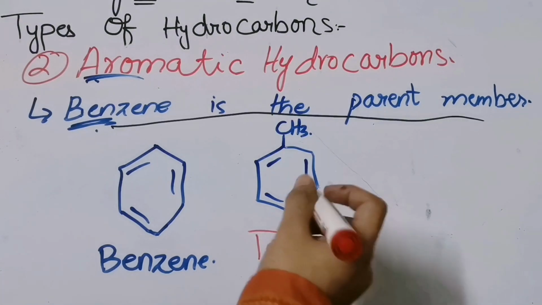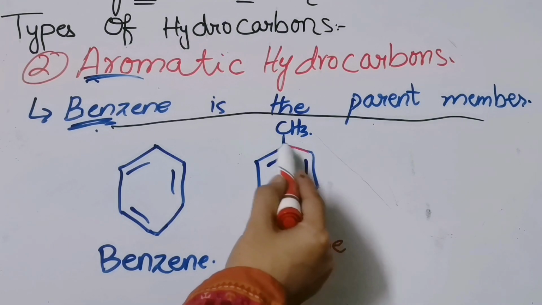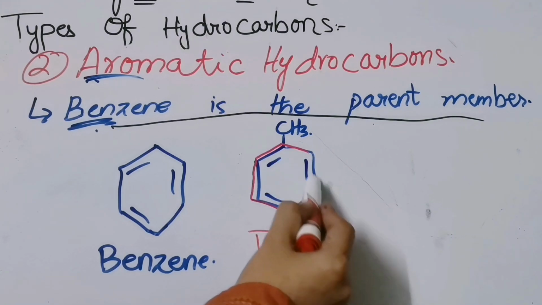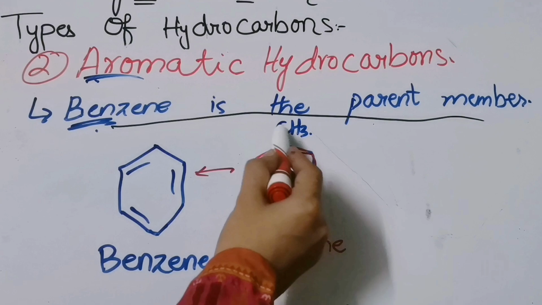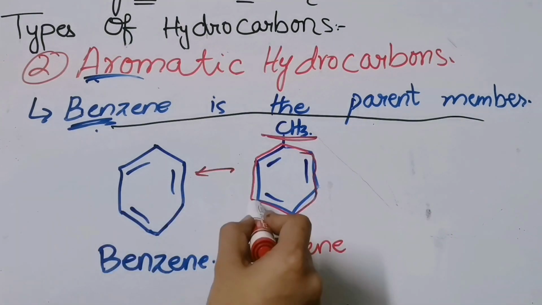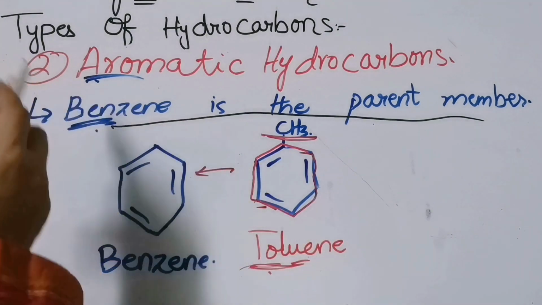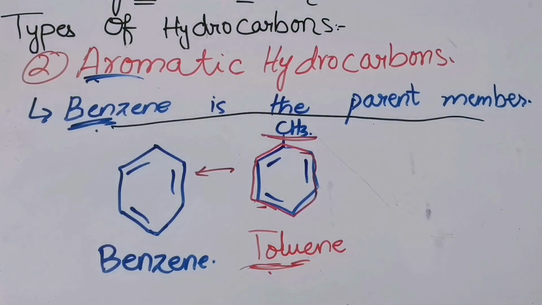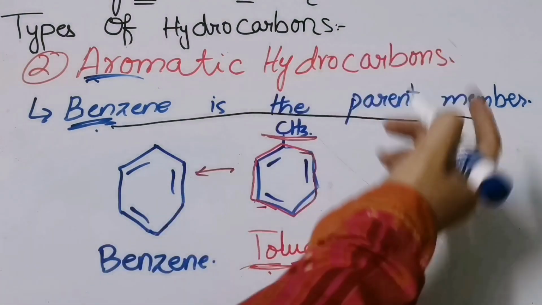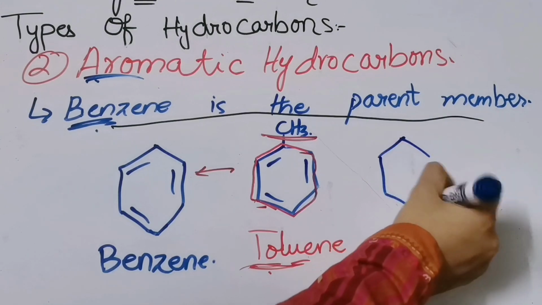Now let us take another example. Toluene. Okay. Now see over here we are having the benzene ring over here, right? And we are having CH3. It is having the benzene ring, so it is aromatic hydrocarbon. Now let us take another example. See over here.